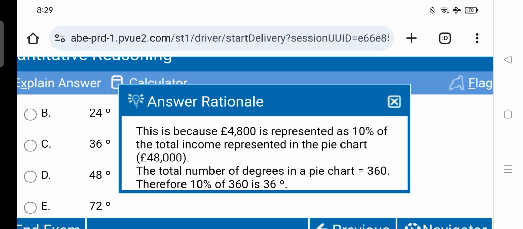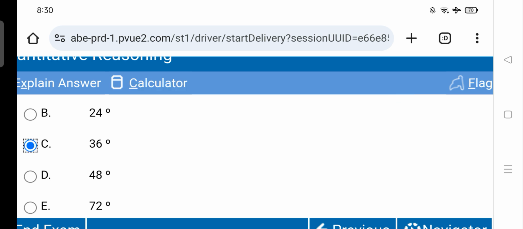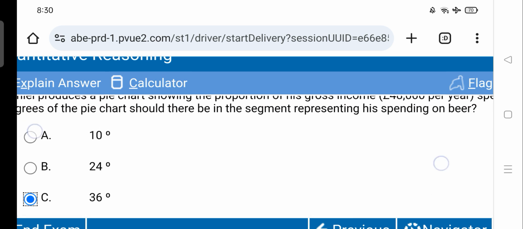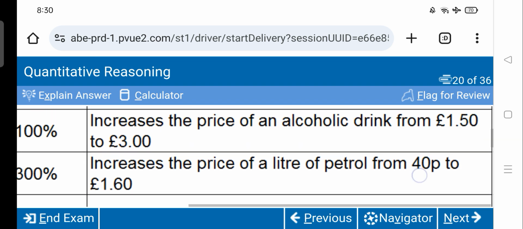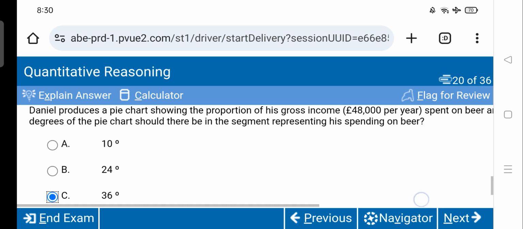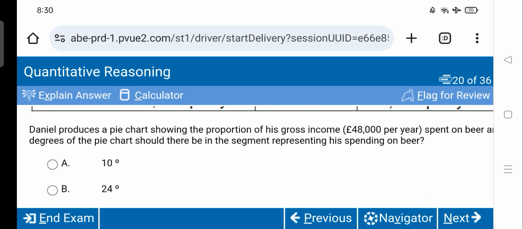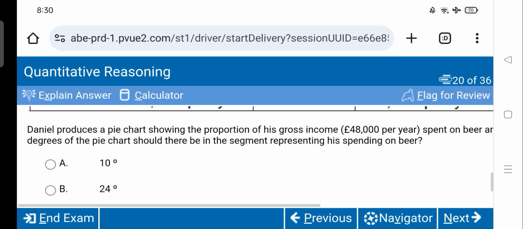Therefore, 10% of 360 is 36 degrees. That's how we have the correct option C, which is 36 degrees. 36 degrees is the number of degrees of the pie chart that should be there in the segment representing his spending on beer.